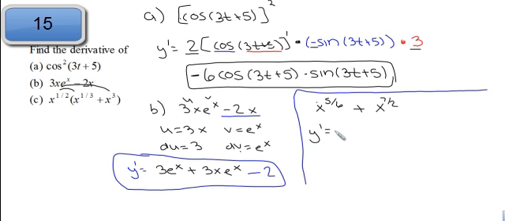So the derivative would be 5/6 x. Remember to subtract 1. So if you subtract 1, you get negative 1/6, plus 7/2 x. Again, subtract 1, so you get 5/2.